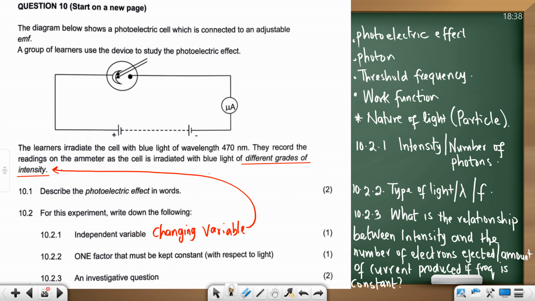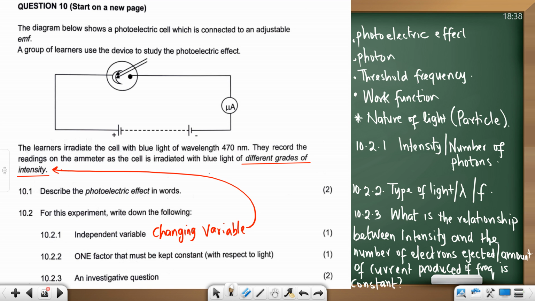All right, so mention the three variables. Very, very important. The independent is what you're changing. The control is what you keep constant. And the dependent is the result. So we want to measure the amount of current produced. And that's why we are using an adjustable EMF. All right?